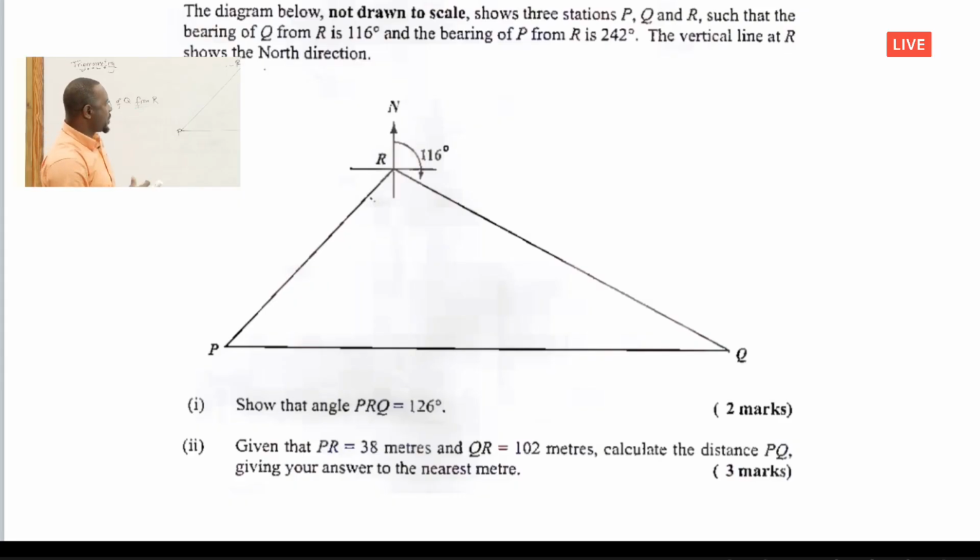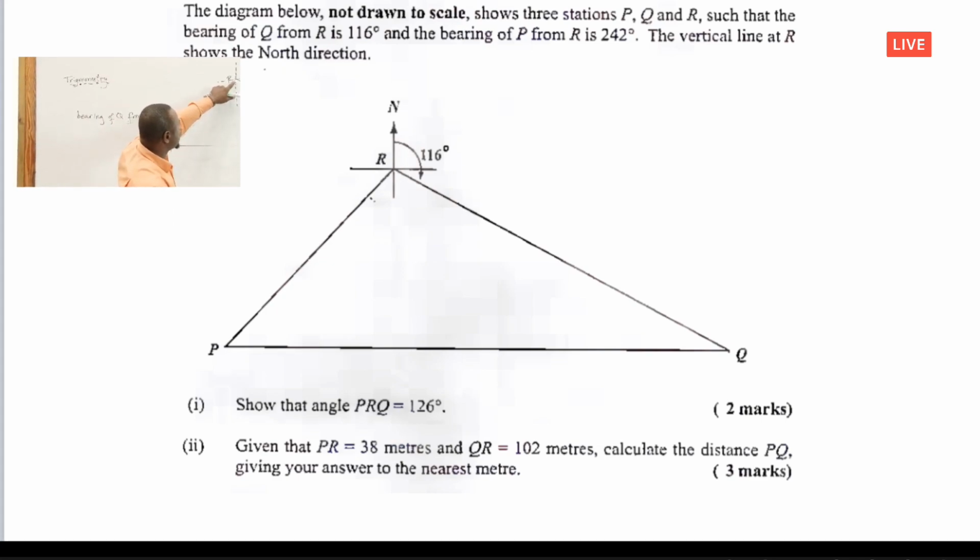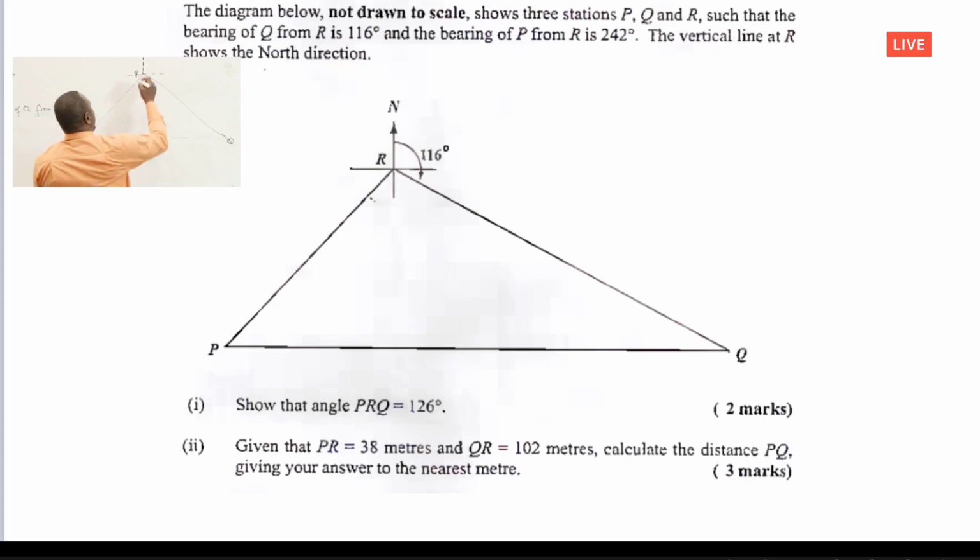The bearing of Q from R, it's coming from R. So we're going from R down to Q. That bearing is 116 degrees, and they give us that in the diagram. So this is 116 degrees.